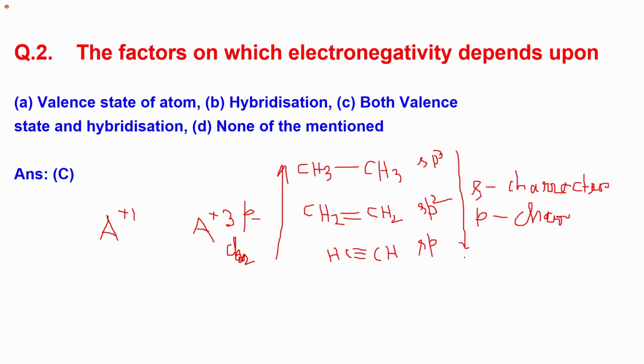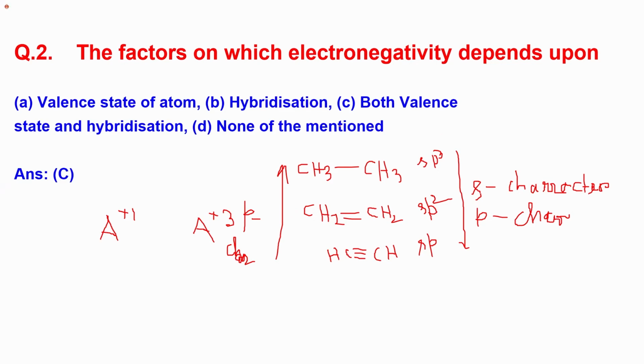That means it has less electronegativity compared to the sp. So sp has more electronegativity. An sp hybridized atom is more electronegative compared to an sp3 atom. Okay, now it's clear how the hybridization and the valence state affect the electronegativity.